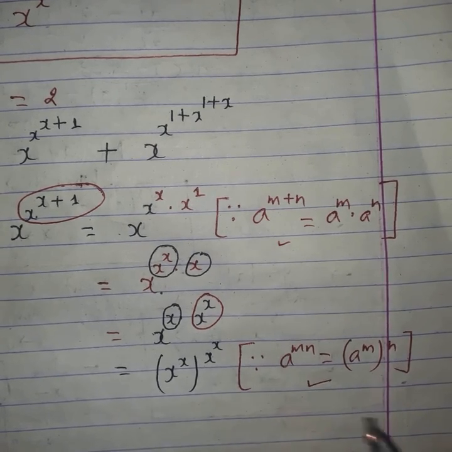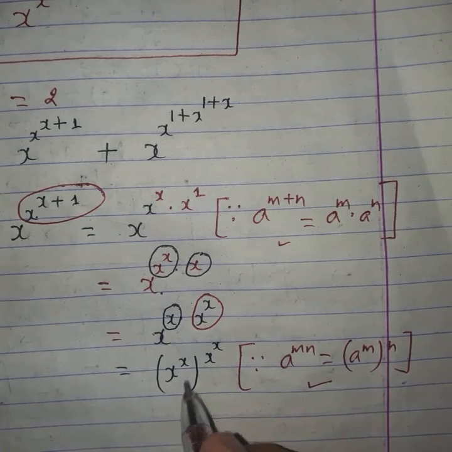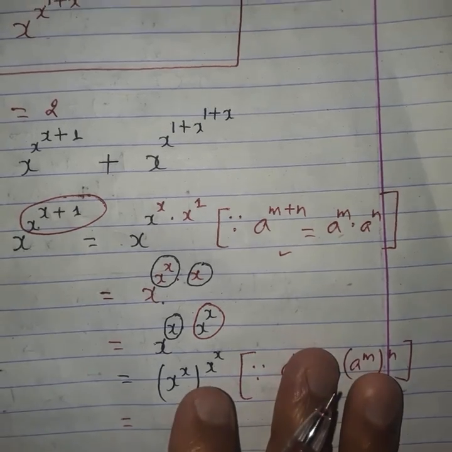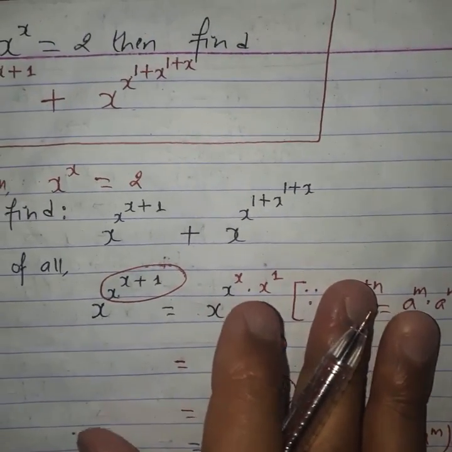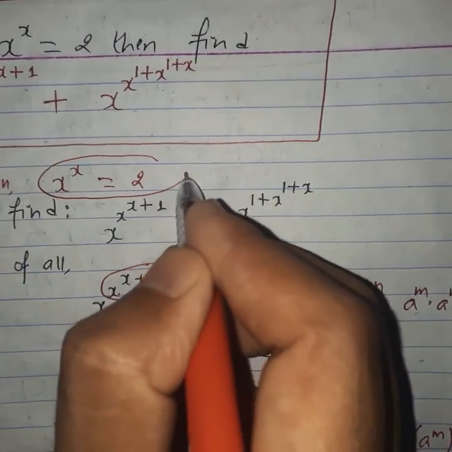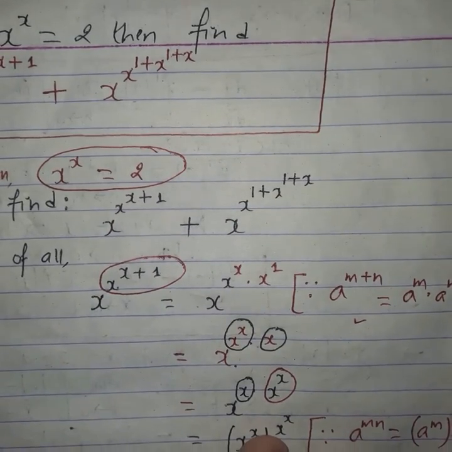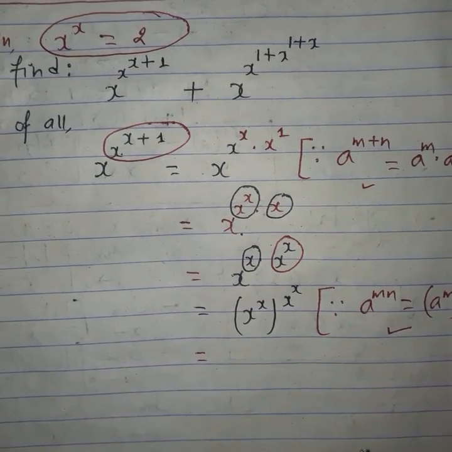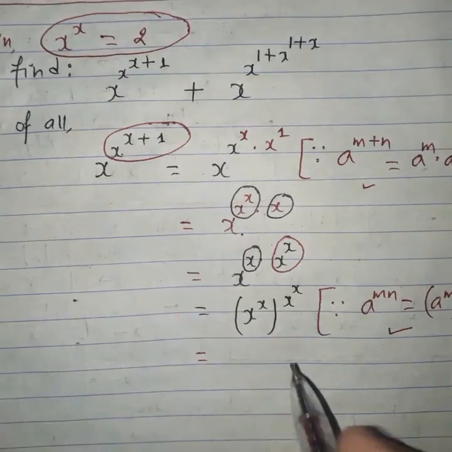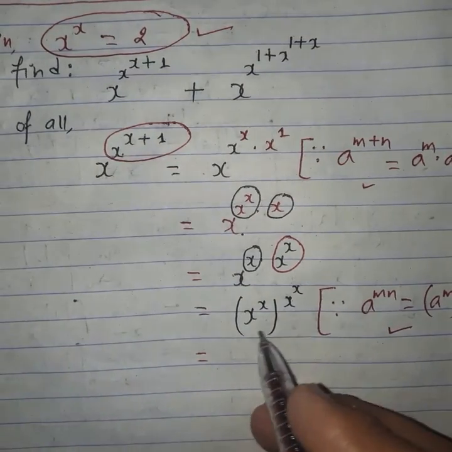Using this formula, we have the given x to the power of x, whose value is 2. Let's substitute the value of x to the power of x as 2 from here into this expression.